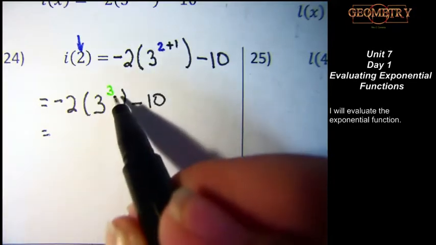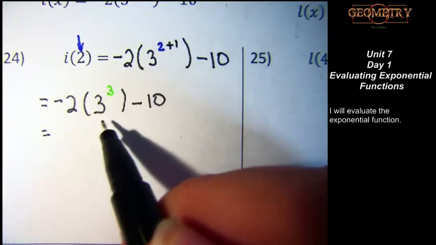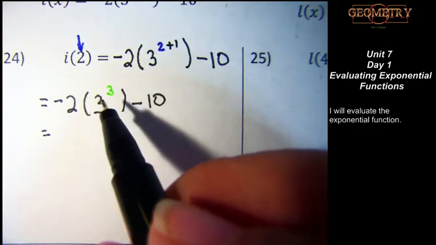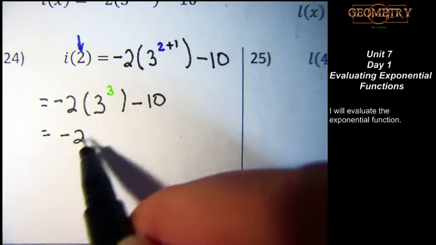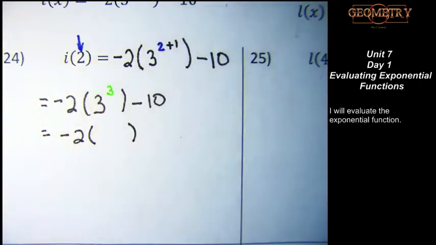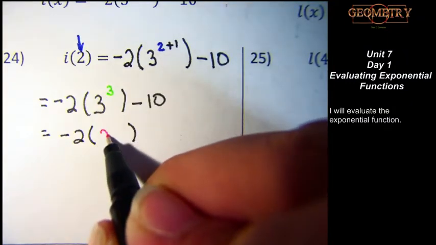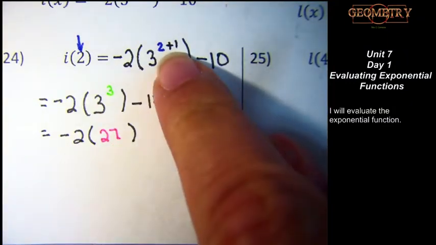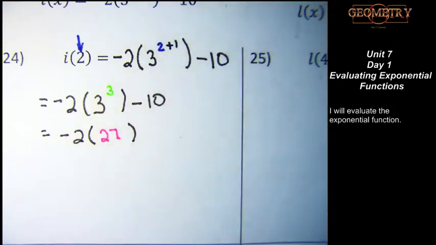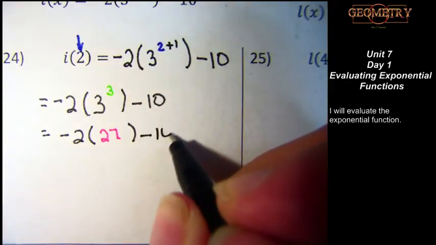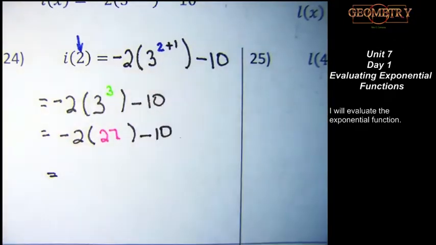Now I need to do what the exponent is asking me to do. 3 to the third is? Isn't it squared? It's 27. It's not squared because I have 2 plus 1. Oh, okay. All right, and now I can do -2 times 27.